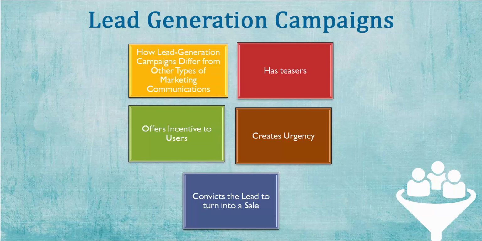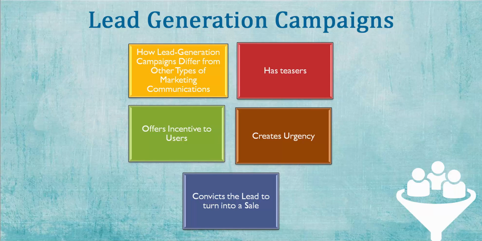Similarly, the third pointer is about creating urgency, making sure the user is urged to do the action quickly, maybe a 1-day sale, a 24-hour to 48-hour sale, or whatever similar proposal is possible. You create urgency in the mind of the end user.